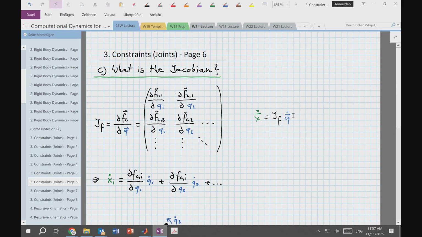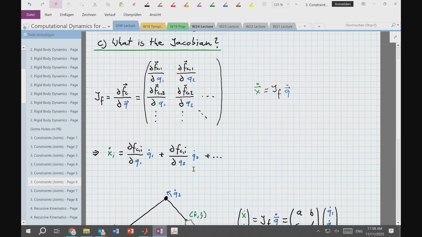If I evaluate this matrix product, in the first row I get partial fci partial q1 times q1 dot plus partial fci partial q2 times q2 dot, and so on and so forth. So the velocity in a particular direction is the sum of all the individual generalized velocities multiplied with some factor, right? And those factors are the entries of my Jacobian.